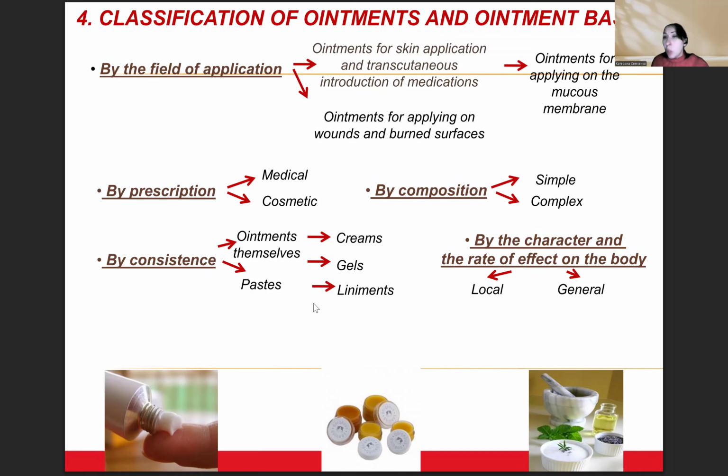By their effect on the body can be local and general. 99% of ointments, they are local. It's very hard to get some systemic effect. I cannot even give you the example of such an ointment. This is more about transdermal system. They are new ones. Transdermal system, this is something else. They really can get some little penetration. In any case, penetration is not so big, but it can be.